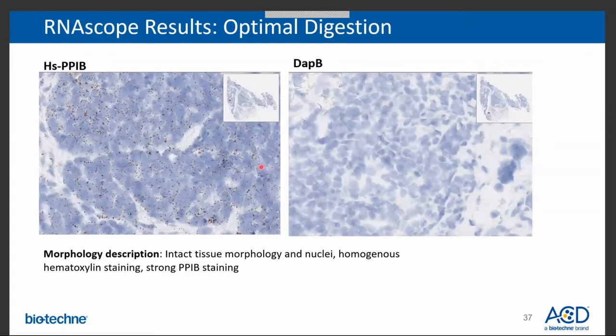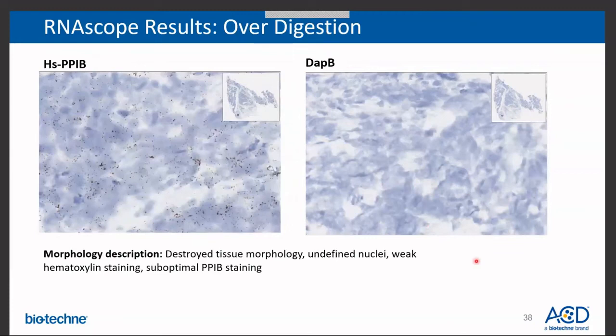And again, this is singleplex brown RNAscope, so every dot corresponds with a transcript of PPIB. This is the kind of digestion we like to see in a tissue sample where the tissue morphology is a little bit softened almost, but you're getting a good amount of positive control probe staining and you don't see any signal here.